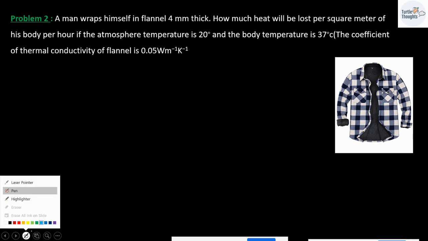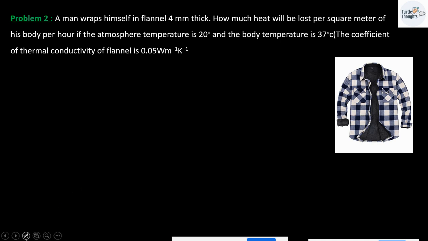Okay. Let me start by writing what is given in the question. I can start with L, right? The length. What is the length given? It is 4 mm. I have to take the SI unit. SI unit is going to be meters. So I can write this as 4 multiplied by 10 raised to the power minus 3 meters.